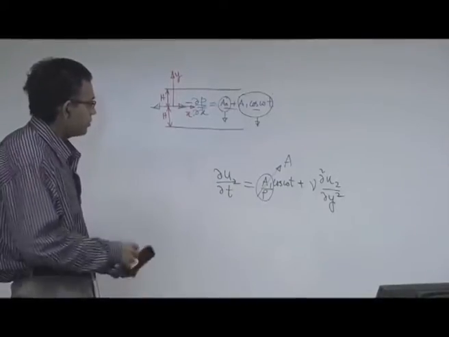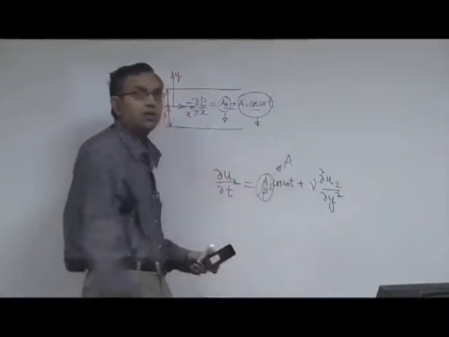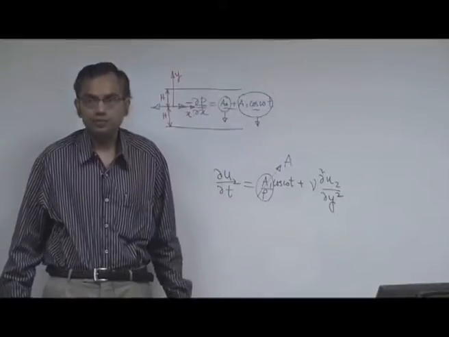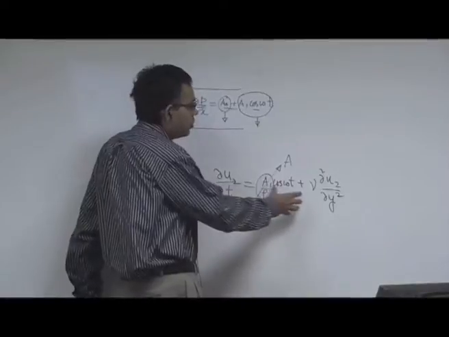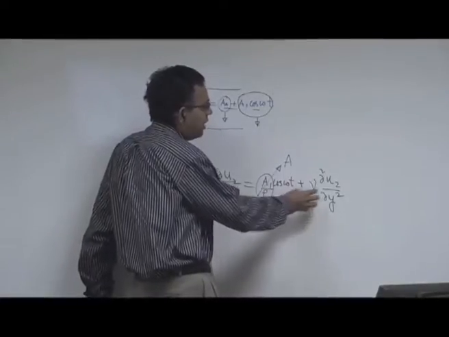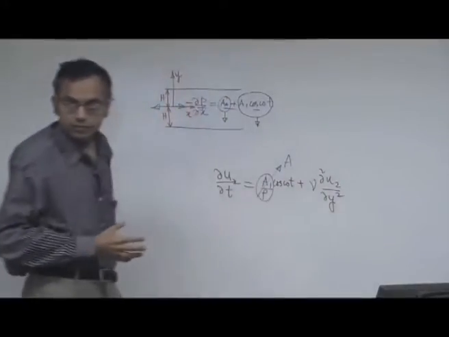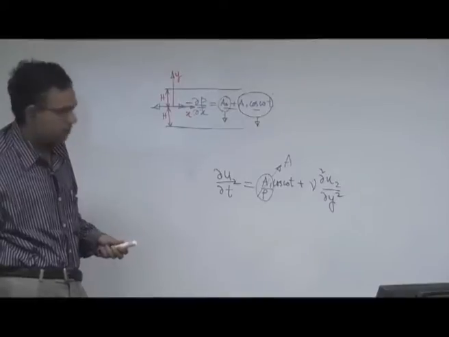So that now we have 3 terms in the governing equation. What are these 3 terms? You have an unsteady term, you have a forcing term, and you have a term which is the viscous term. So, let us study the various scales.